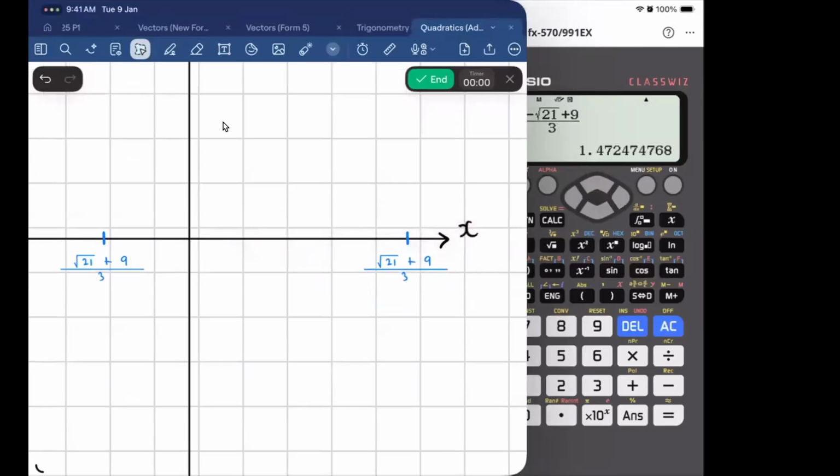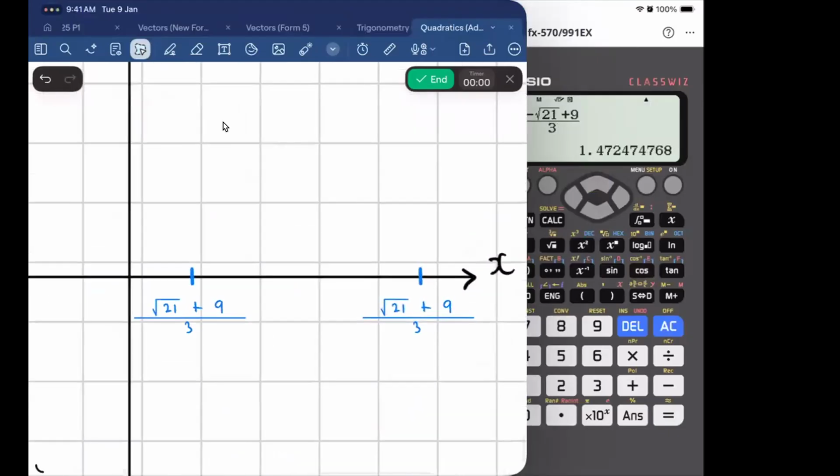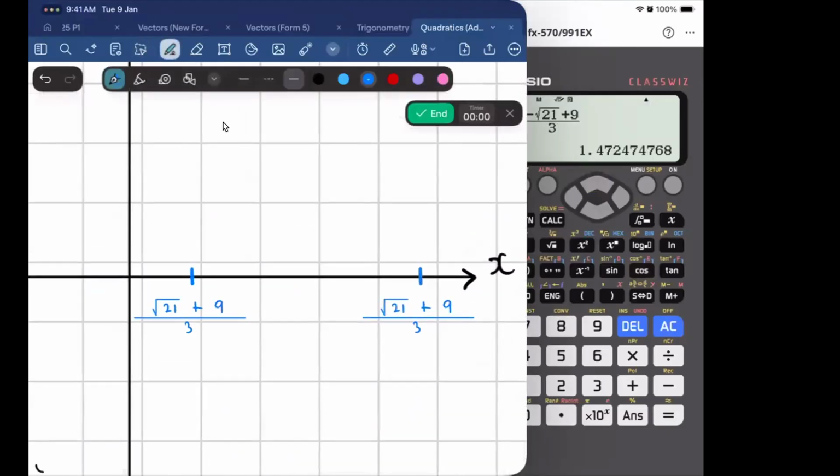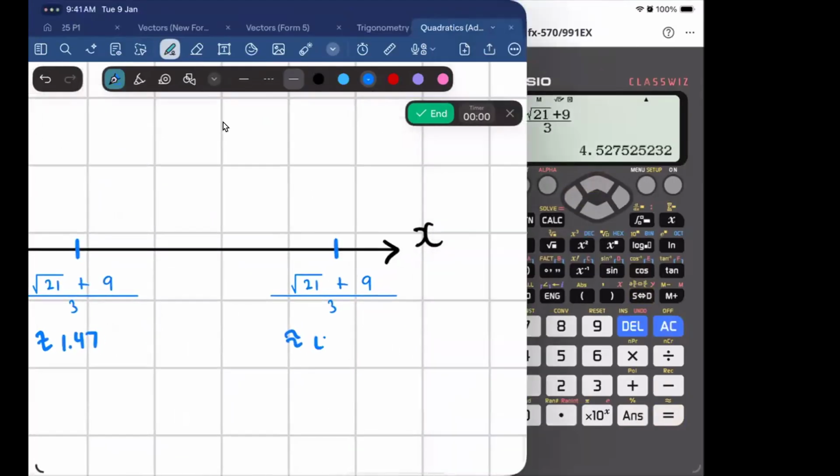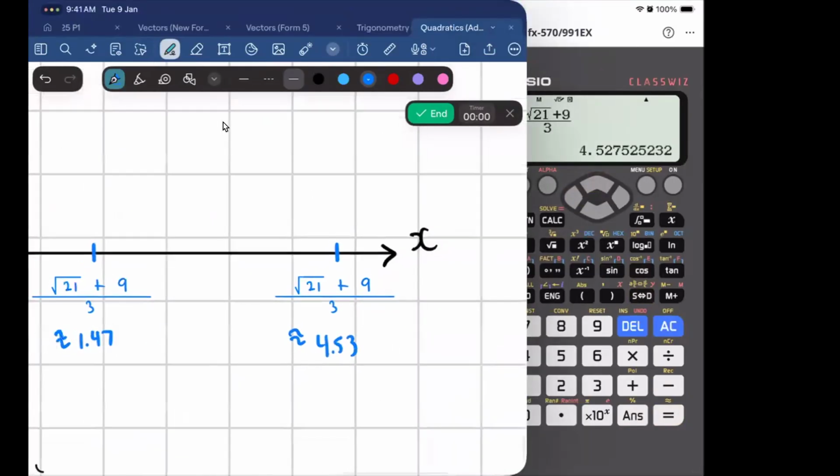Right. So this one over here is approximately 1.47, and this one was approximately 4.53.